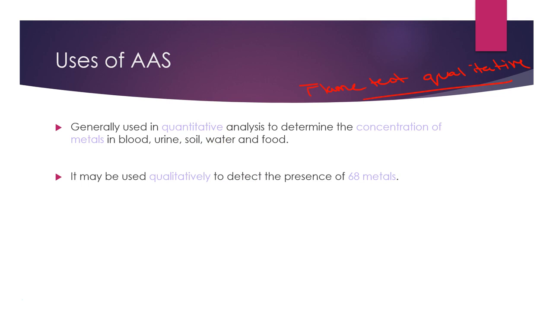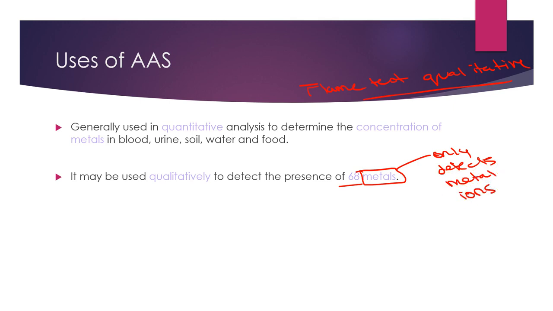This means we can work out concentration of these elements in blood, urine, soil, water, food. We can use it for drug detection. There's a myriad of things where this is used for low concentration. It can also be used qualitatively to detect the presence of the 68 elements it will work for. And importantly, these 68 elements are all metals. It only detects metal ions.